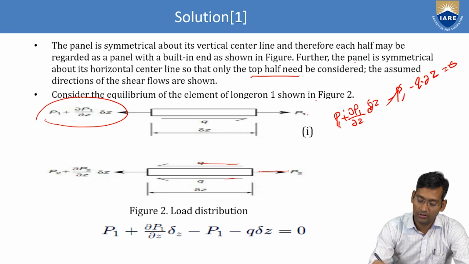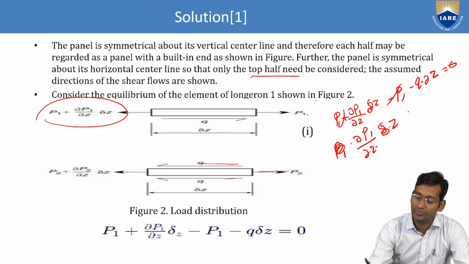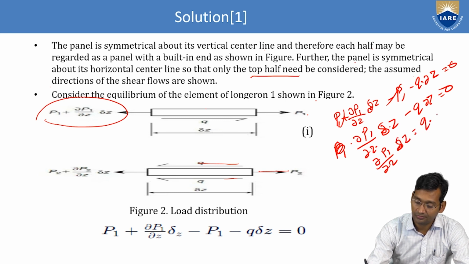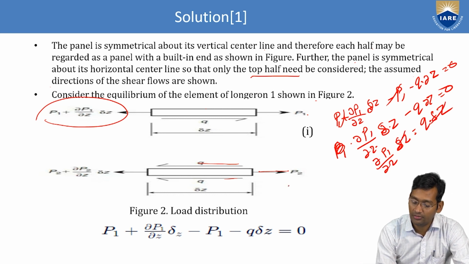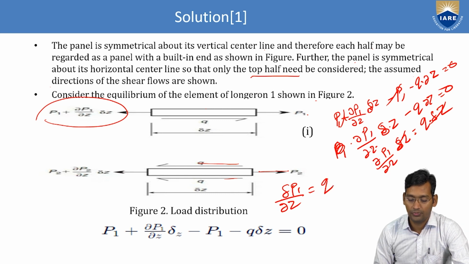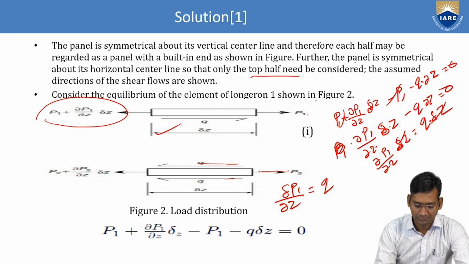P1 gets cancelled. So we get del P1 by del Z into del Z minus Q del Z equals 0. So del P1 by del Z into del Z equals Q into del Z. Del Z cancels, so we get del P1 by del Z equals Q, from the first figure.